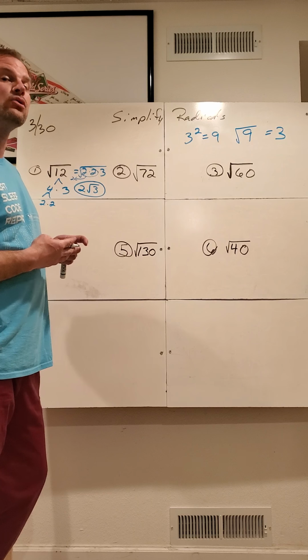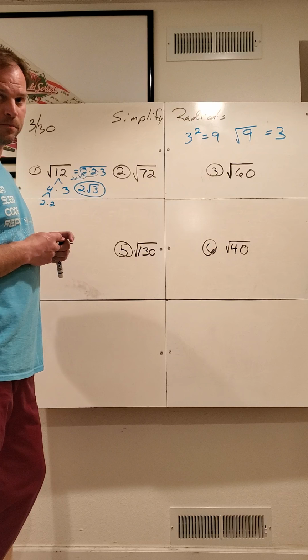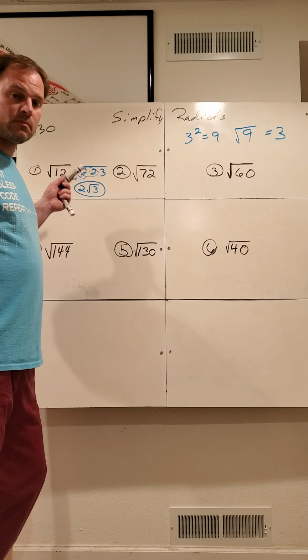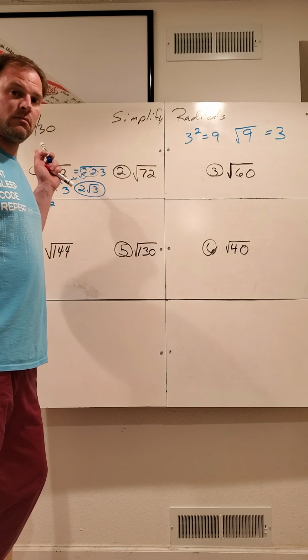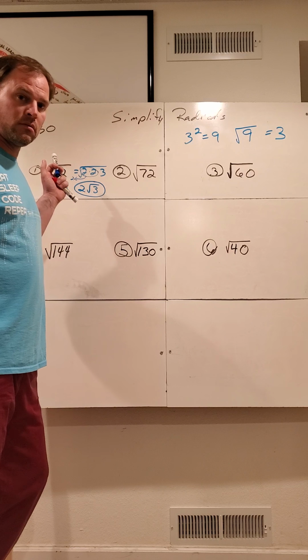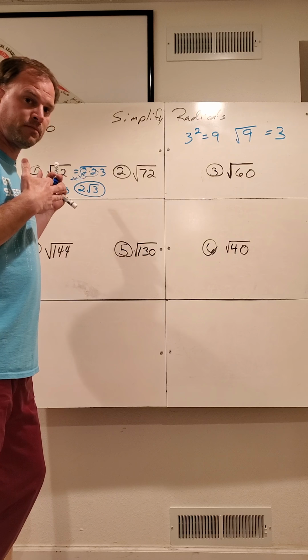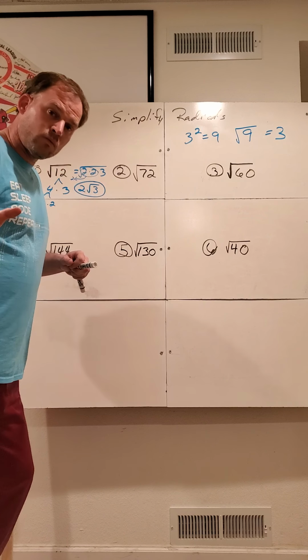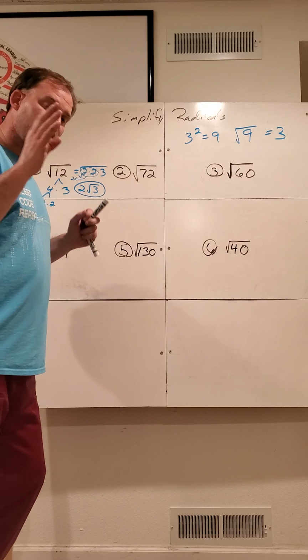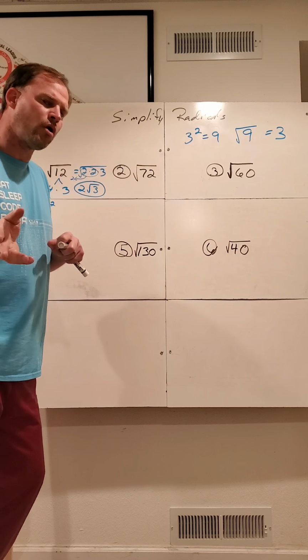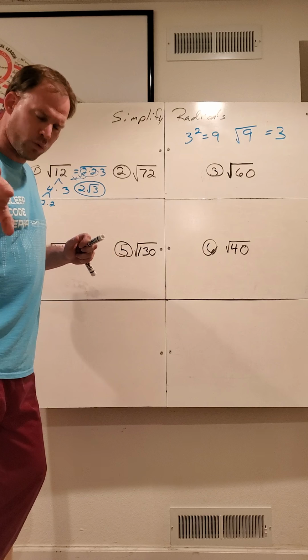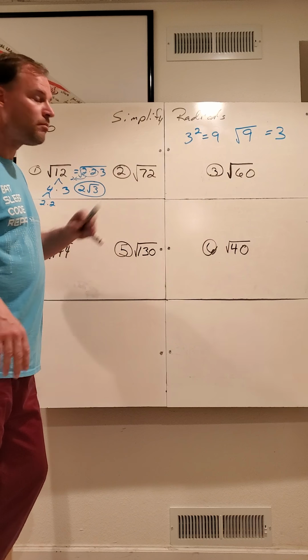And that's how you say it, 2 root 3. That's it. That's the answer. I know, it seems a little easy. Seems a little hard at the same time. You'll get it. Moving on.